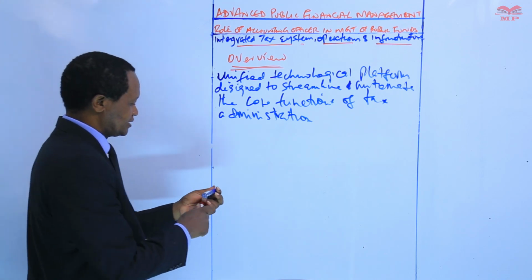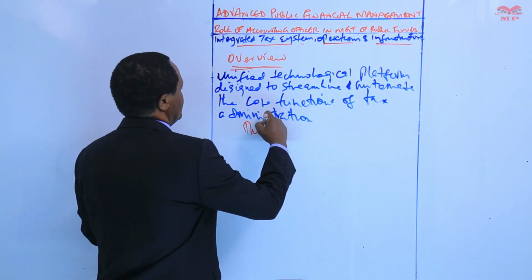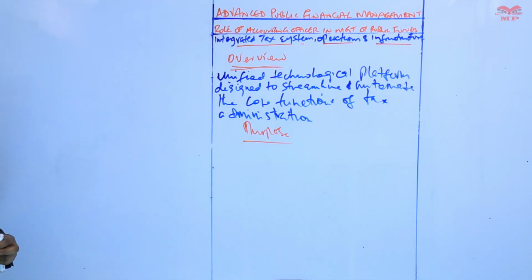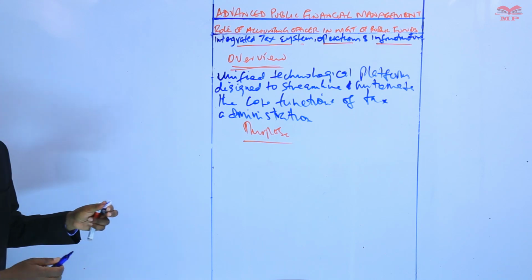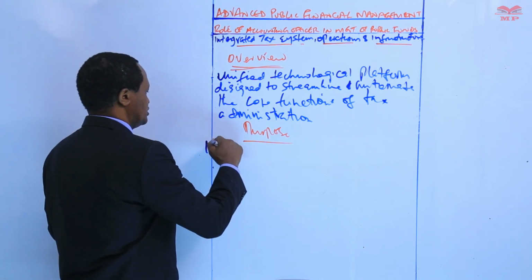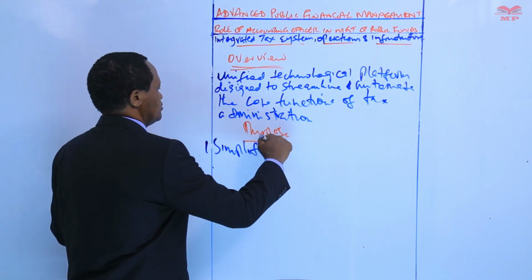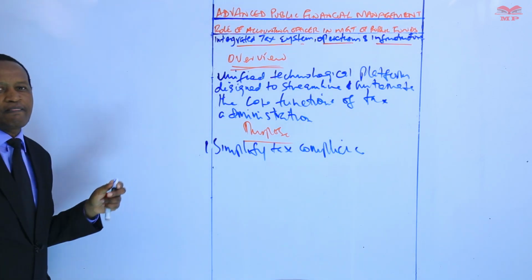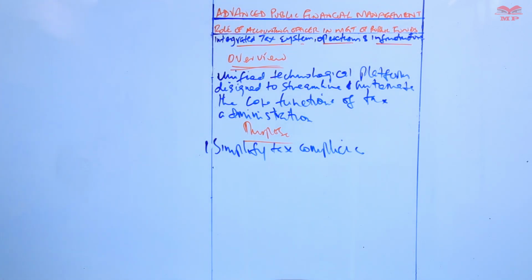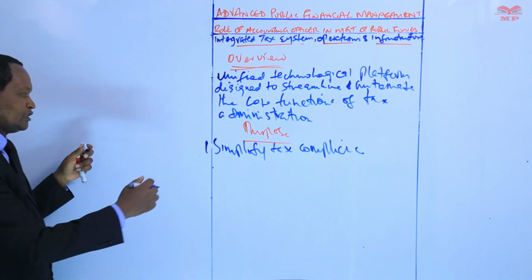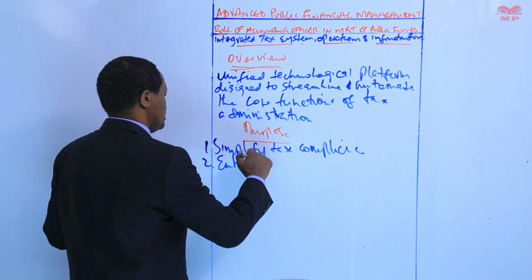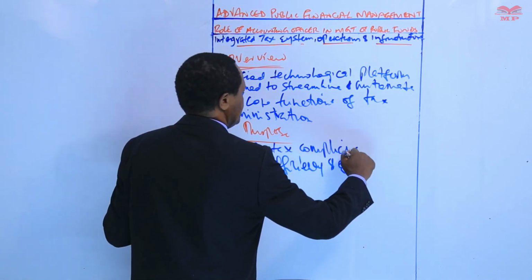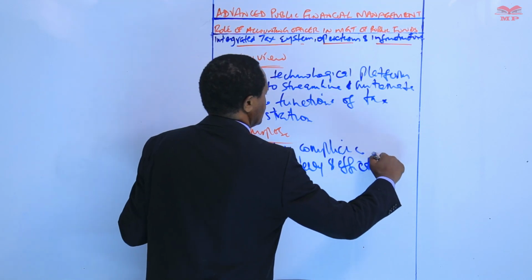And the primary purpose of an integrated tax system, number one, is to simplify tax compliance by the taxpayers. Again, number two, it is to enhance efficiency and effectiveness.